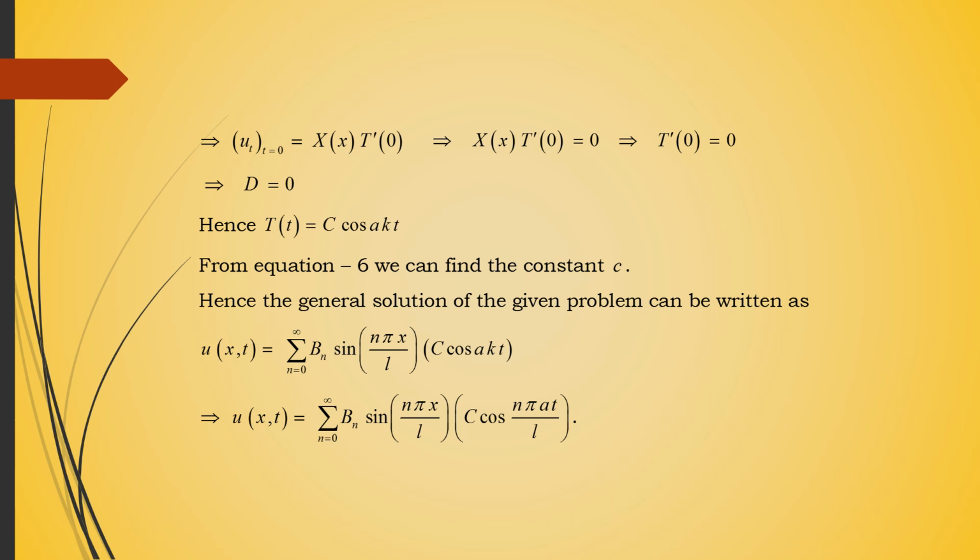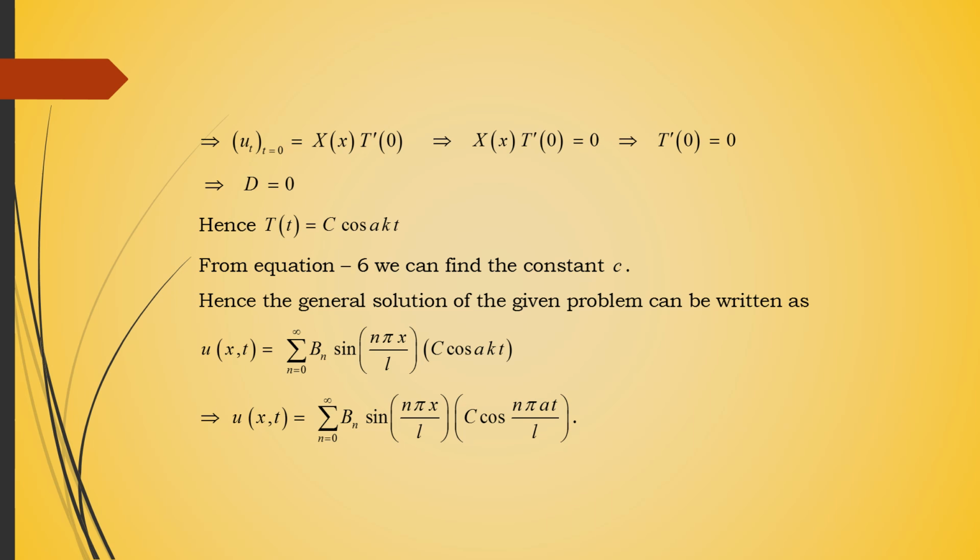Now our general solution u(x,t) of the one-dimensional wave equation under all the given conditions takes the form u(x,t) = summation n runs from 0 to infinity B_n sin(nπx/L) times (C cos(akt) + D sin(akt)). Here substitute D equals 0.